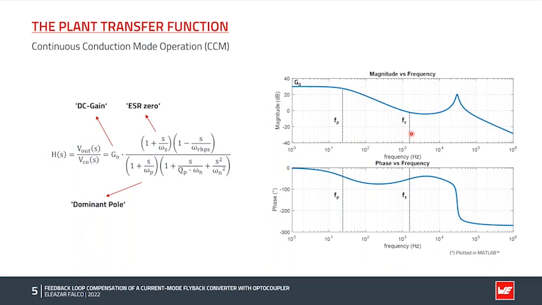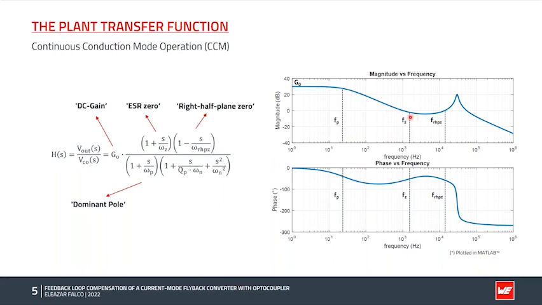However, if low ESR capacitors like MLCCs were used instead, the ESR zero will happen at a much higher frequency in the megahertz range and will not appear here in the response. In this case, we can see how the zero pushes the phase curve up, and it causes the magnitude curve to flatten as it counteracts the dominant pole action.